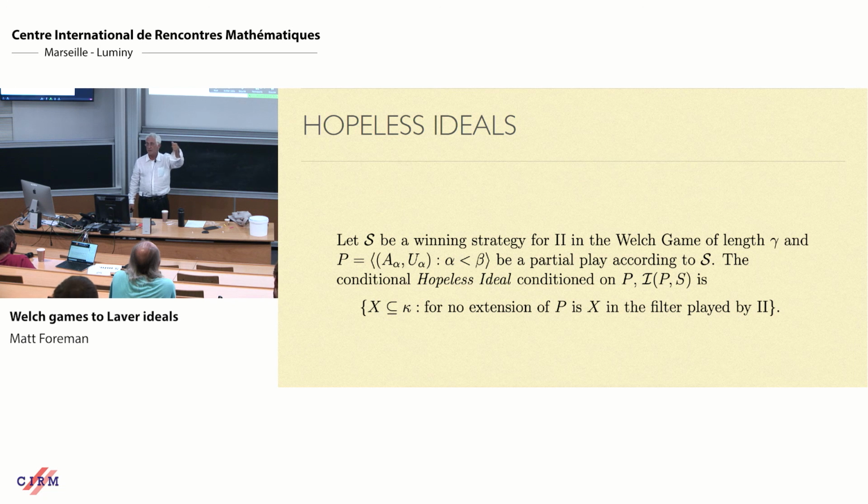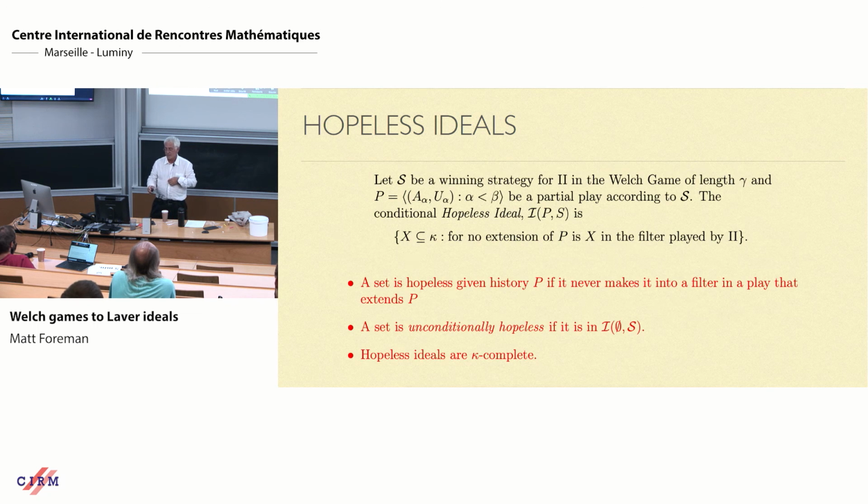This is the play so far. All right. Now, the unconditional hopeless ideal, so some of us are born hopeless. So the unconditionally hopeless ideal is the hopeless ideal conditioned on the empty set. So with no history whatsoever of the game, you still can't make it into any ultrafilter.